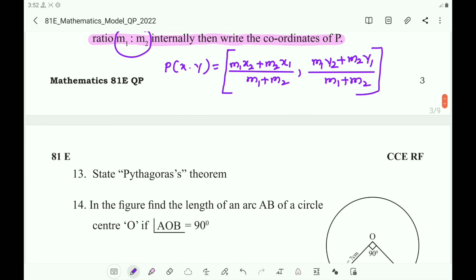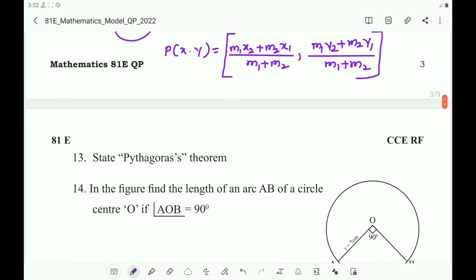Next you take the statement of the Pythagoras theorem. Children, you must know this theorem. What is the statement here? In a right angled triangle, the square of the hypotenuse is equal to the sum of the squares of the other two sides.